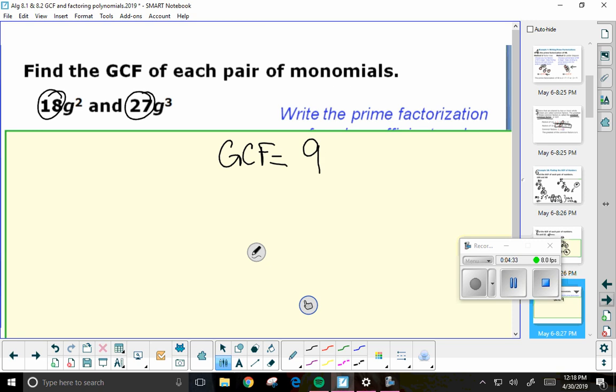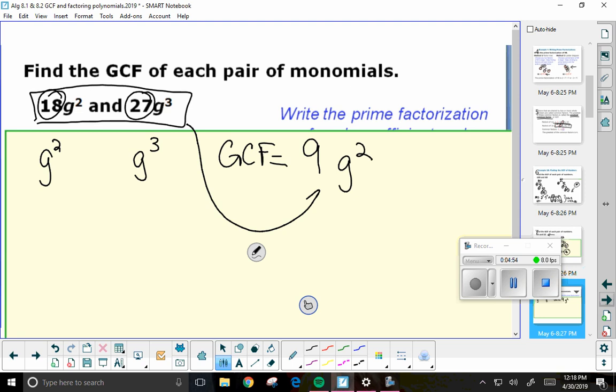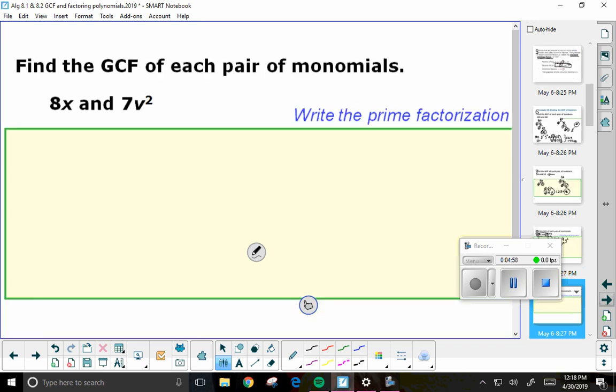But you can see here's a g squared, and here's a g cubed. And so the biggest that goes into both of those is g squared. So the greatest common factor of 18g squared and 27g cubed is 9g squared.